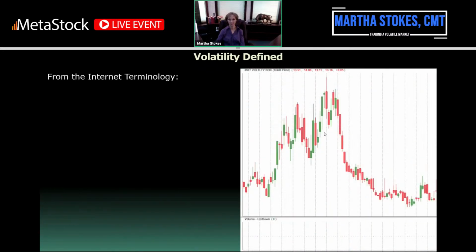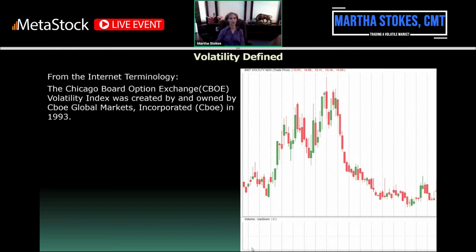So this is a part of the VIX that Jeff sent me from the internet terminology. The Chicago Board Option Exchange, CBOE, Volatility Index was created and owned by CBOE Global Markets Incorporated in 1993. Well, that was a very different market than we have right now. Completely different. We didn't have dark pools.